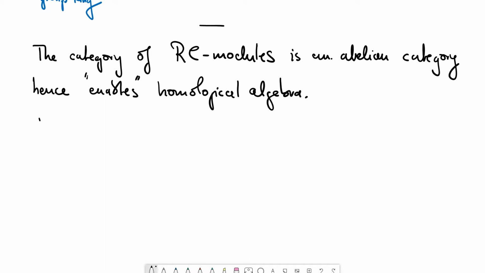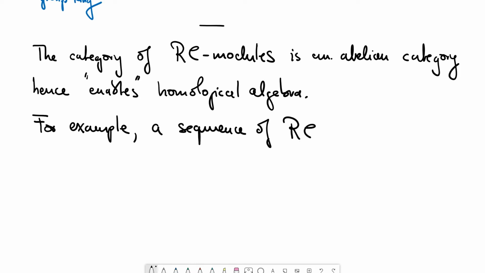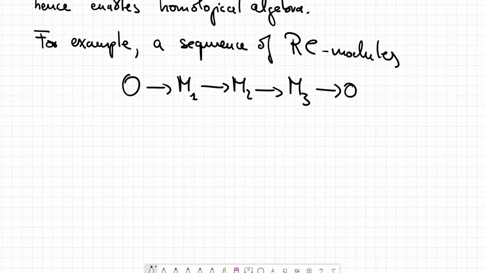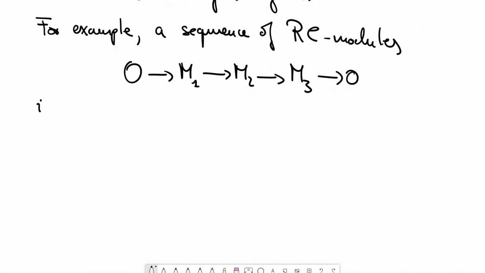So for example, having a short exact sequence of RC modules. What do we mean by that? Well, a sequence of RC modules, so we have maps from M1 to M2 to M3, and we write this as we do for R modules, and call such a sequence exact if it is pointwise exact.